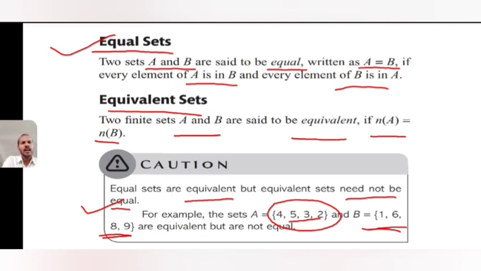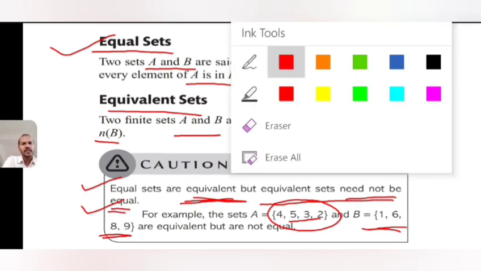Here the elements are different. So, equal sets are equivalent, but equivalent sets need not be equal, right?